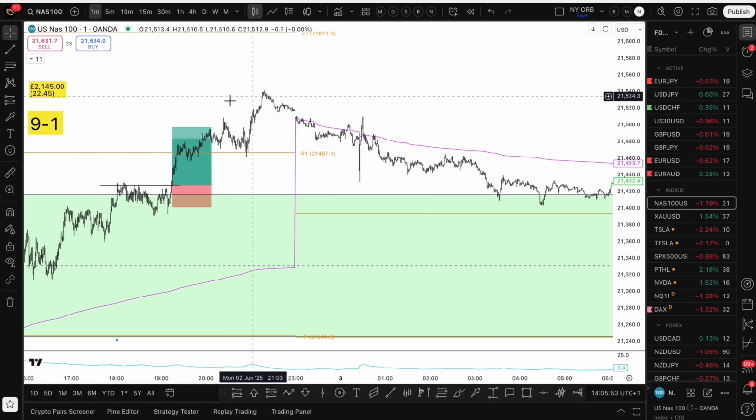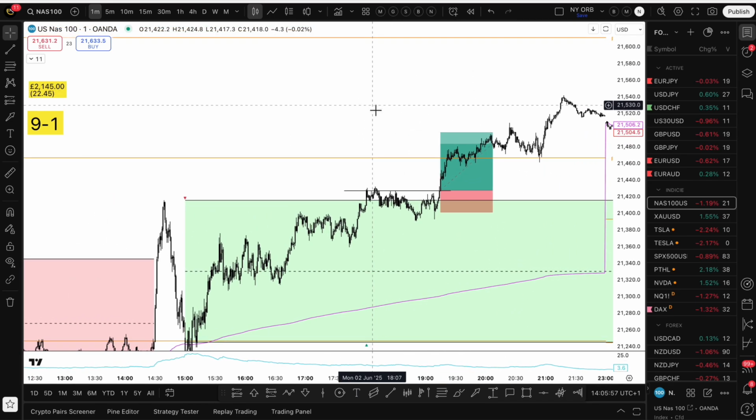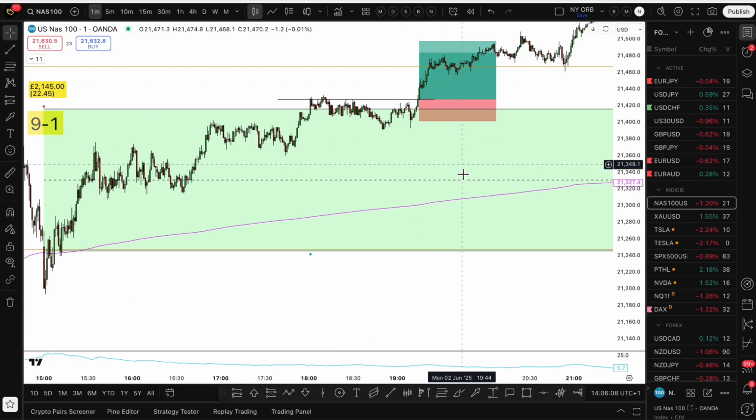I'm not interested in any short-term trends. I'm interested in long-term trends. So for me, I'm only taking long positions on Nasdaq, although you will see a short position on here, and I'll tell you the reason why I took that position.